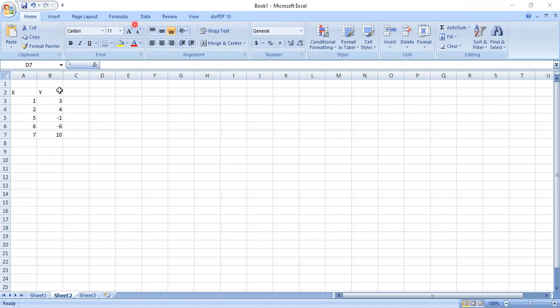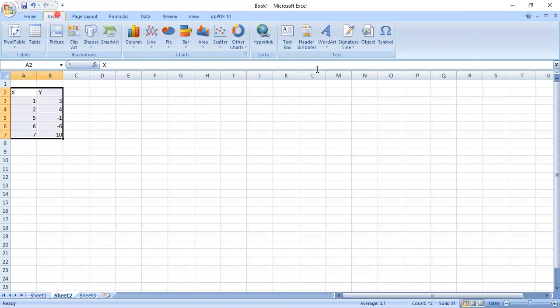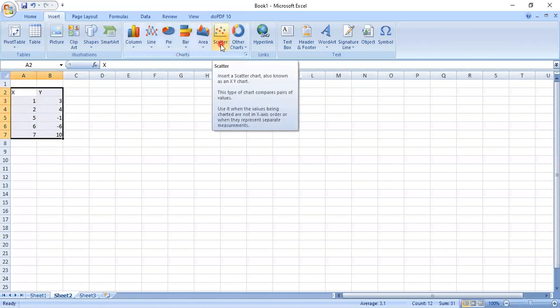To do this, we select the chart in this manner. Then we go to the insert section. In the insert section, you can find a plot which is called scatter. Let us read what this icon is saying to us.